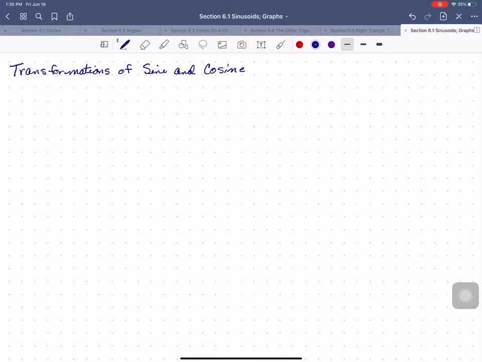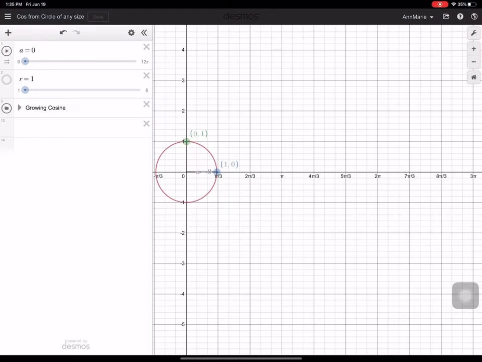And the first one I'm going to talk to you about is a change in amplitude. Remember that is the height of those peaks and valleys above the midline. So I have here my unit circle, but I've made it a little more flexible.